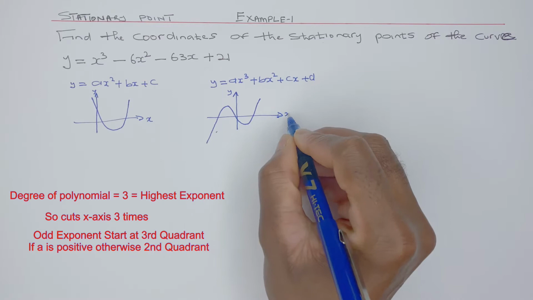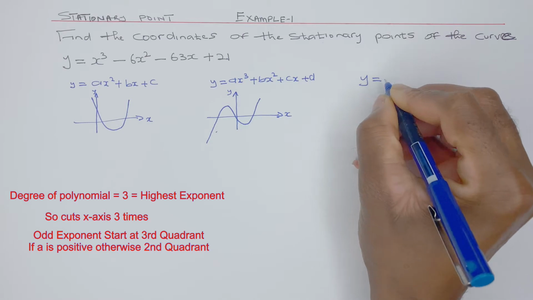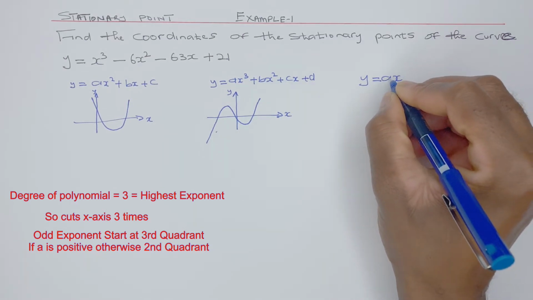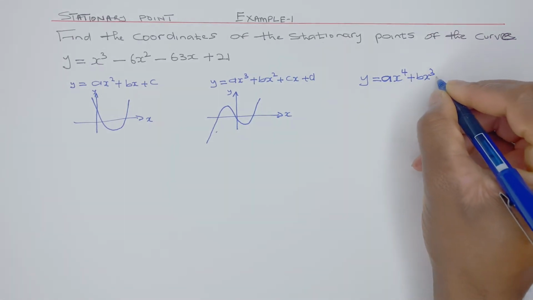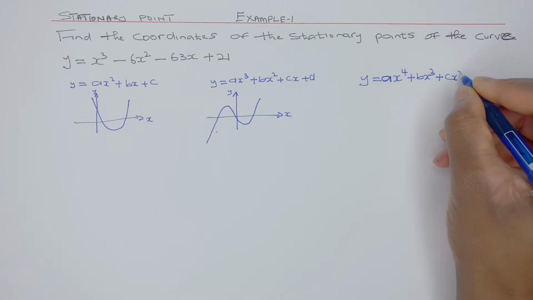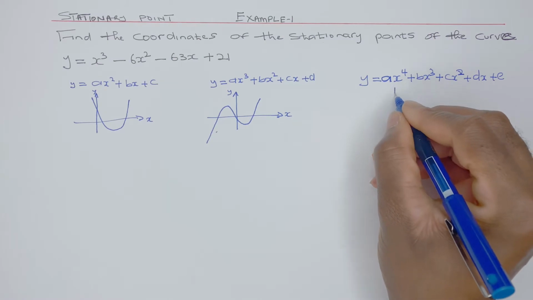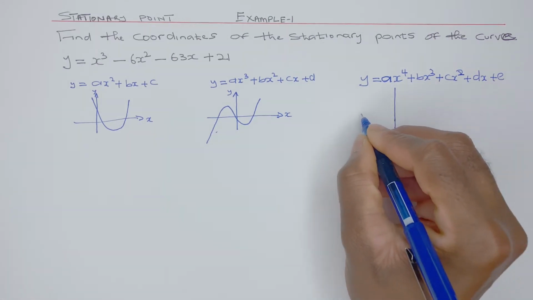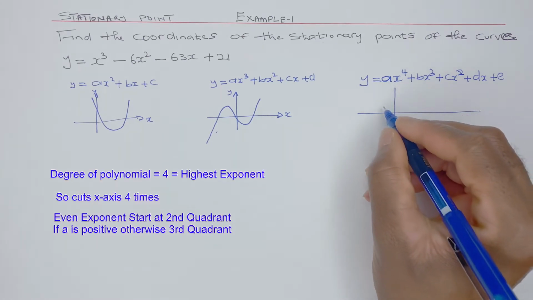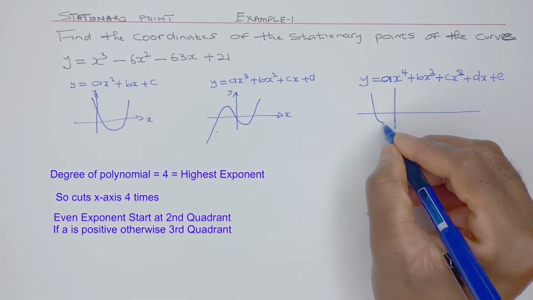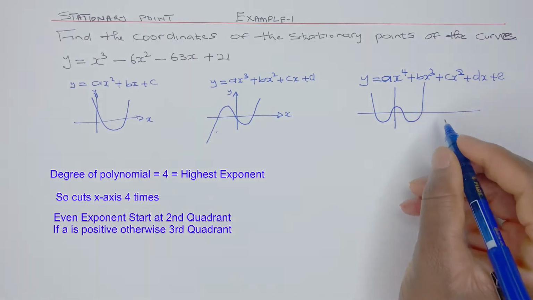Again, that's y, x. And for a quartic, where you have y equals ax to the power 4 plus bx cubed plus cx squared plus dx plus e, when you sketch that curve, for a positive quartic graph you expect it to cross the x-axis 4 times.